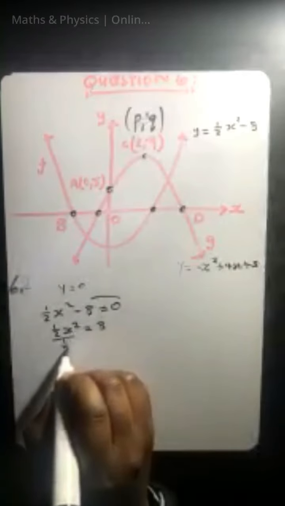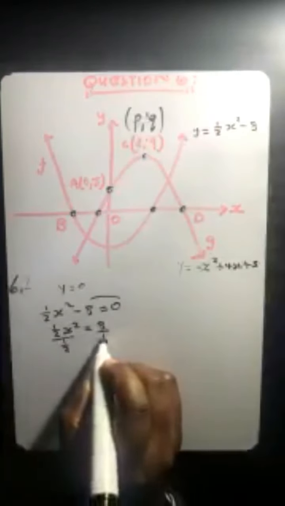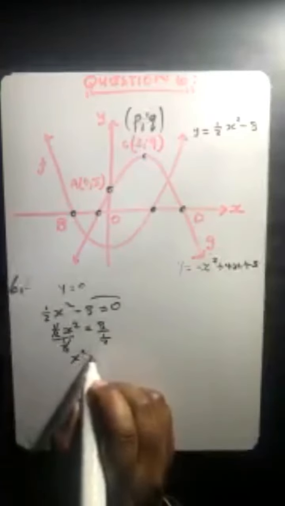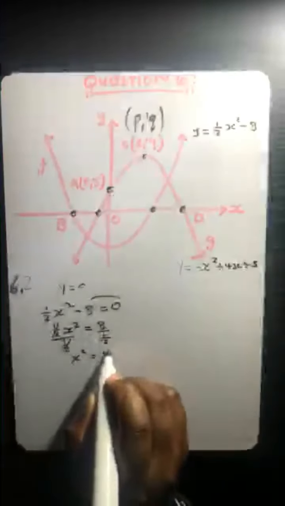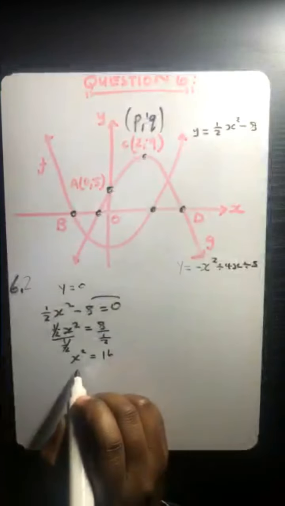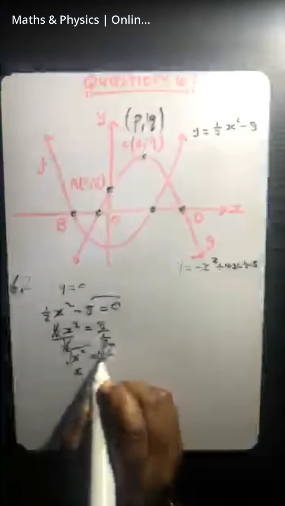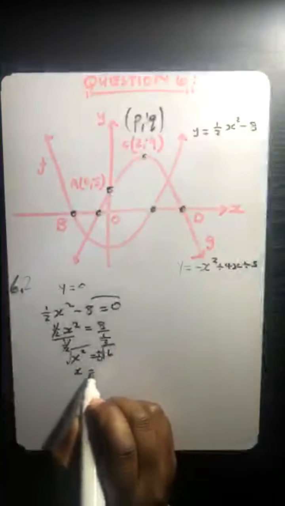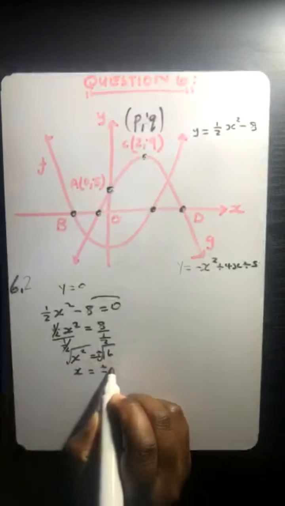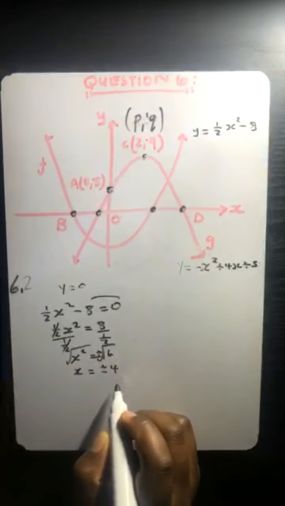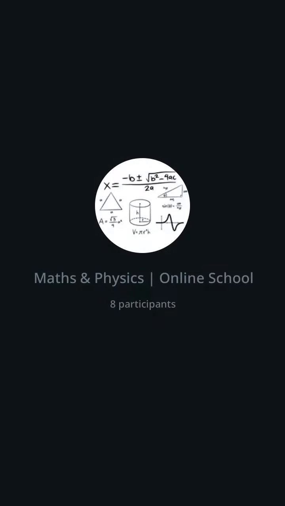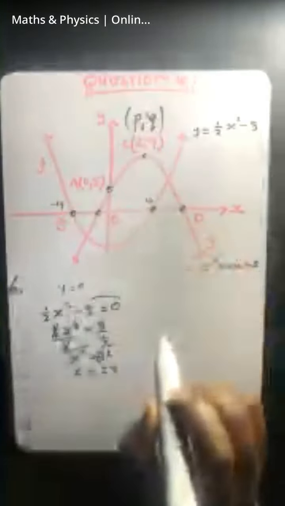Then if we divide by half on both sides, 8 divided by half is 16, which means we have x squared equals 16. We introduce a square root on both sides. That means x is equal to plus or minus 4, meaning here this is negative 4 and this one is positive 4.